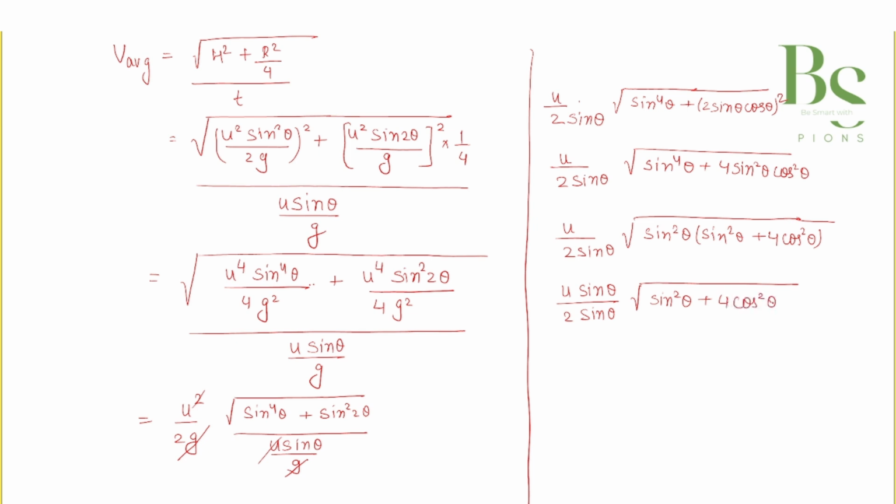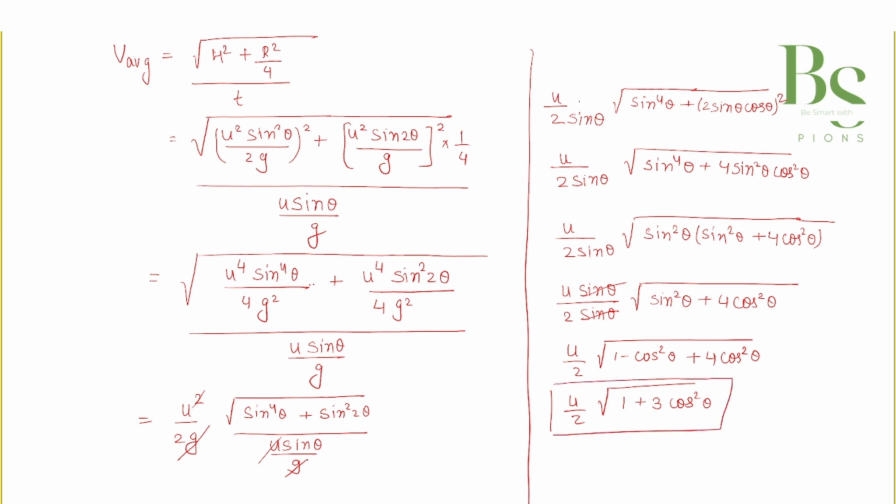Let's cancel out this sine theta with sine theta. We are left with u by 2 root under sine square theta, that's 1 minus cos square theta, plus 4 cos square theta. This will be u upon 2 root under 1 plus 4 cos square theta minus cos square theta, which is 3 cos square theta. Okay, so this is our average velocity.